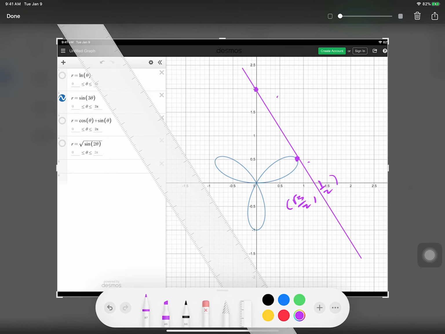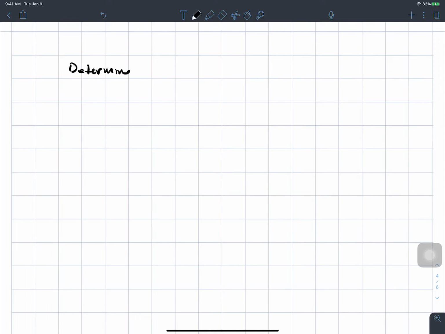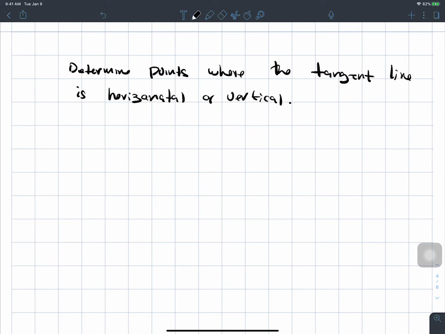Okay, now let's go on a little bit, and we're going to still look at some derivatives and see some things that are still interesting, like finding points on a curve where the tangent line is horizontal or vertical. So now they're going to say determine points where the tangent line, L tangent, is horizontal or vertical.